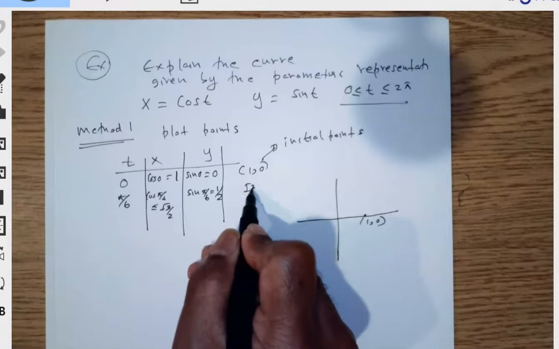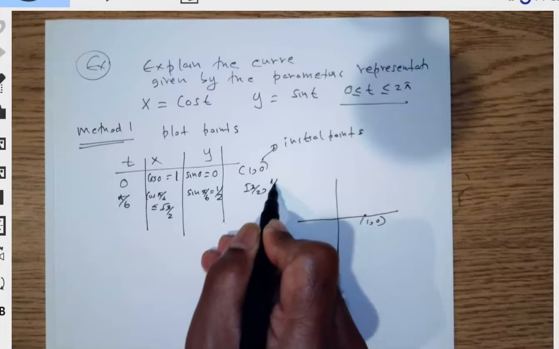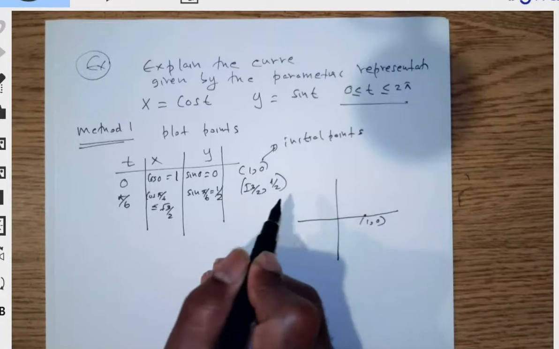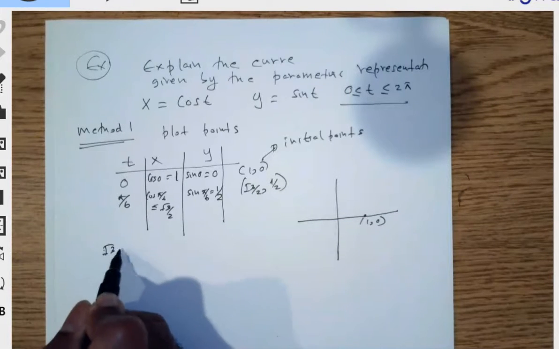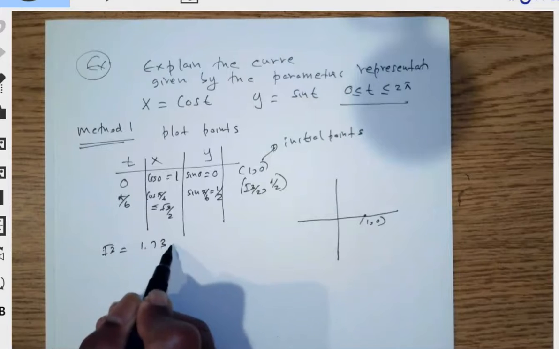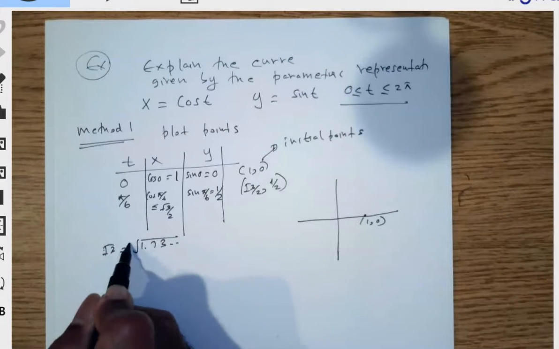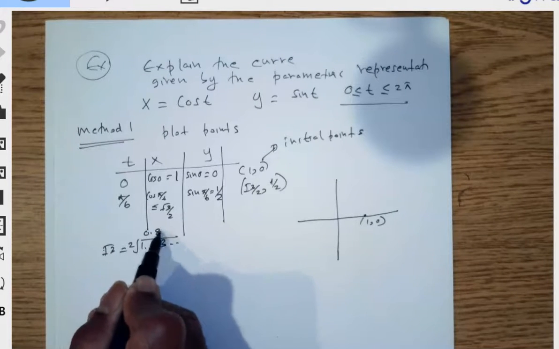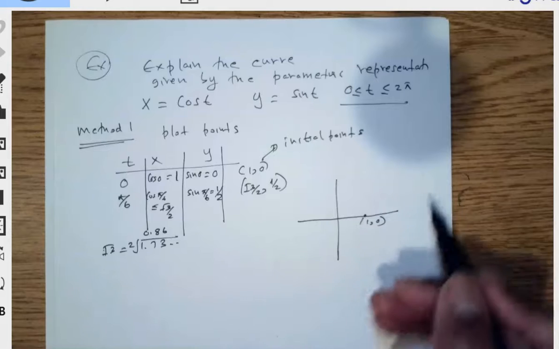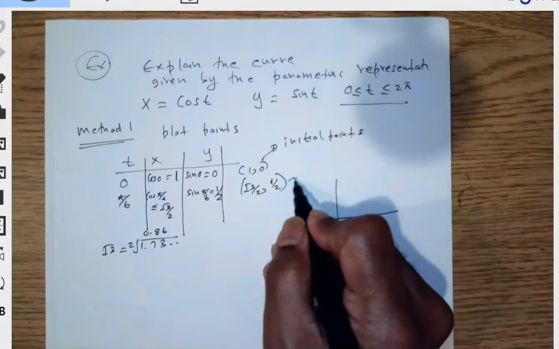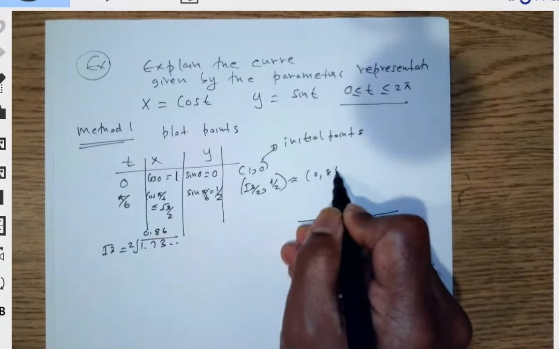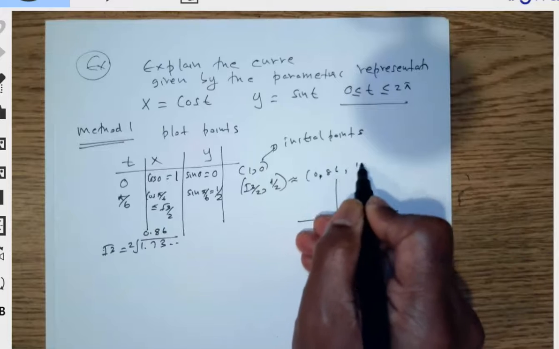Square root 3 is about 1.73, and you divide by 2, you get 0.86 something. So it's something like (0.86, 1/2).